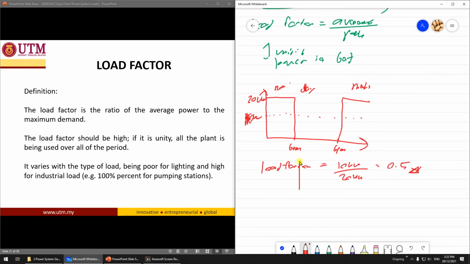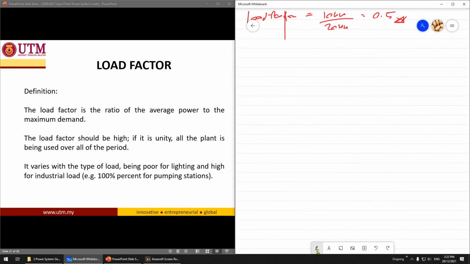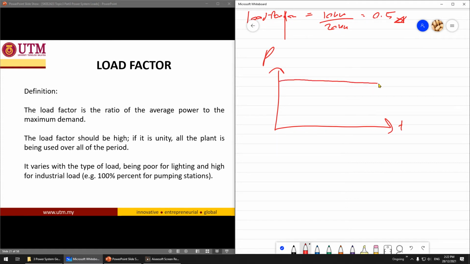How about industrial load, which is said to be high? In industry, you have time on this axis and power on this axis. Usually industry doesn't turn off the machines, so it is always on, always consistent. For example, this is 20 kilowatt, and the peak is also 20 kilowatt, average and peak.